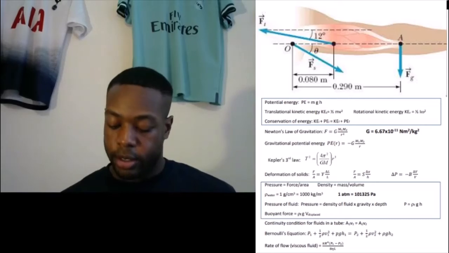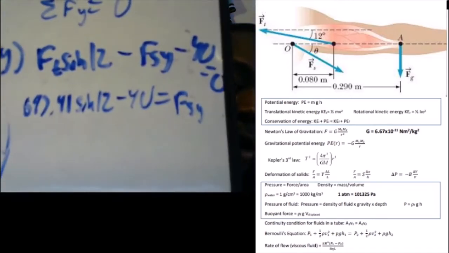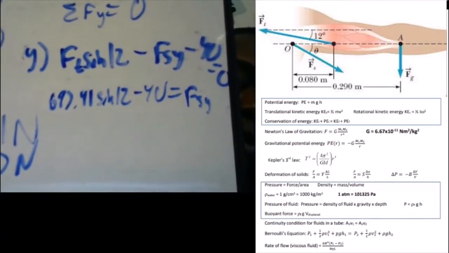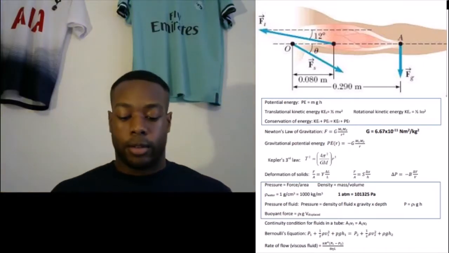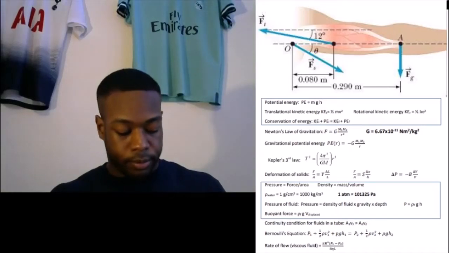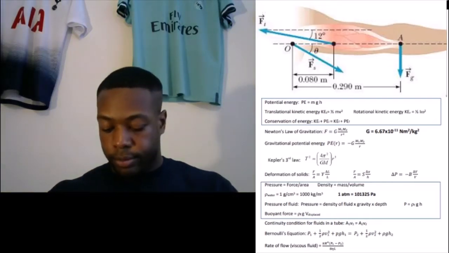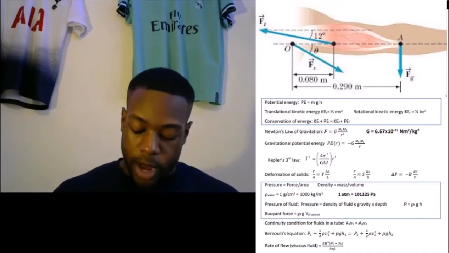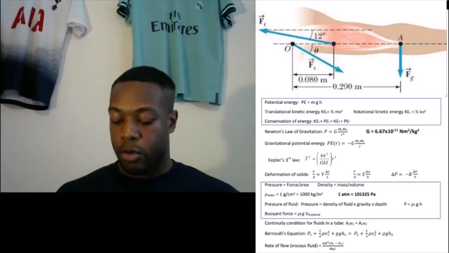That's the final equation: 697.41 sine 12 minus 40 should give us the y component of force S. Let's do the math there. For the y component of force S, I'm getting about 105 newtons.